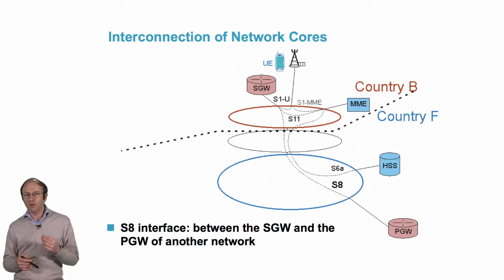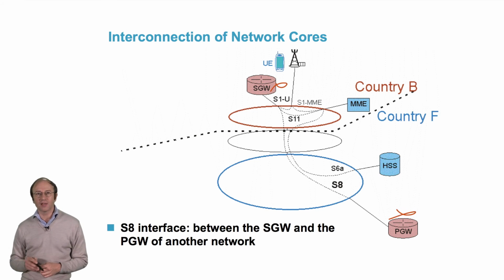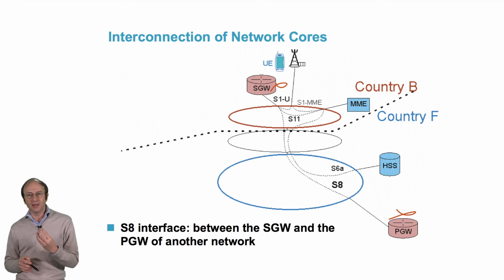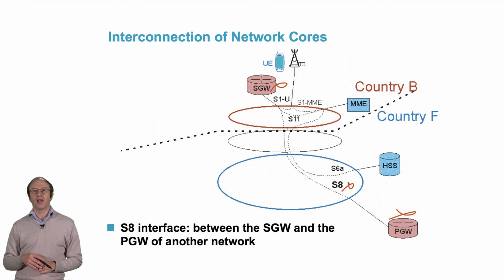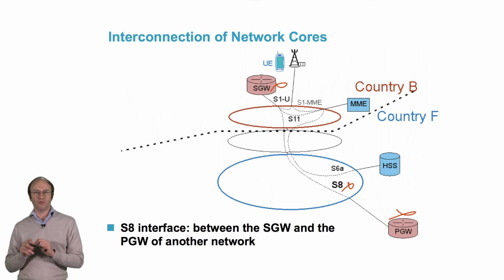However, in one of the possible implementations, the S-gateway will communicate with the P-gateway of my originating network. Here, it's an interface that is slightly different from the S5 interface between the S-gateway and the P-gateway of the same network.